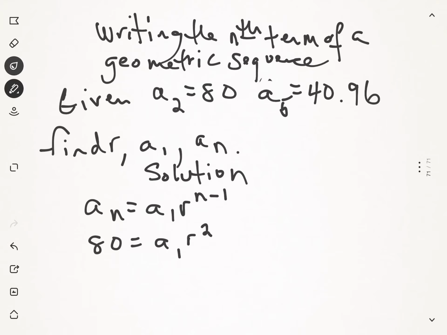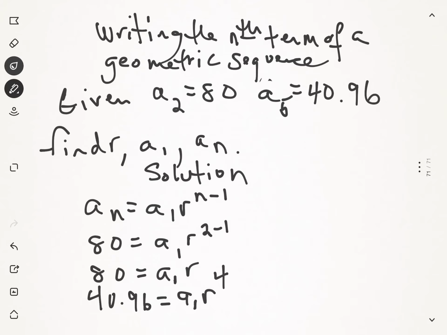So now let's do 40.96 equals a1, and we're going to have 5 minus 1, so we're going to get r to the 4th.